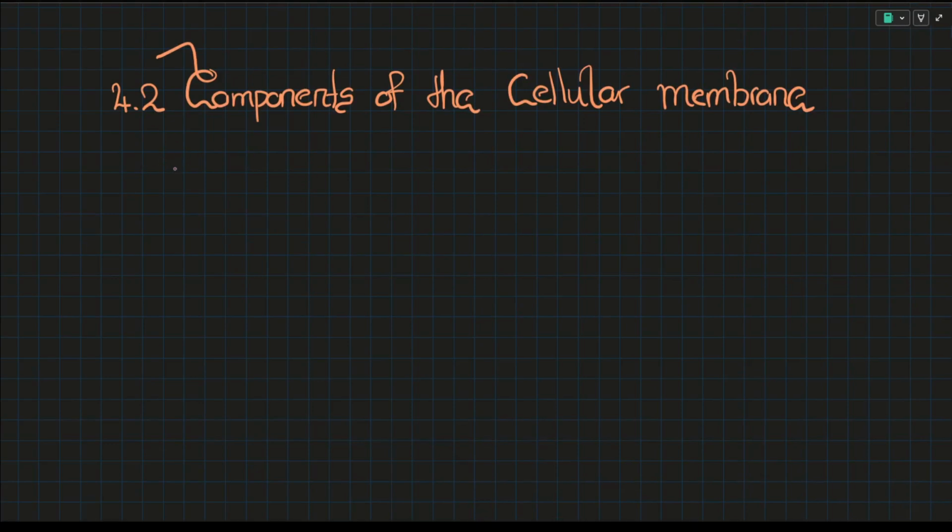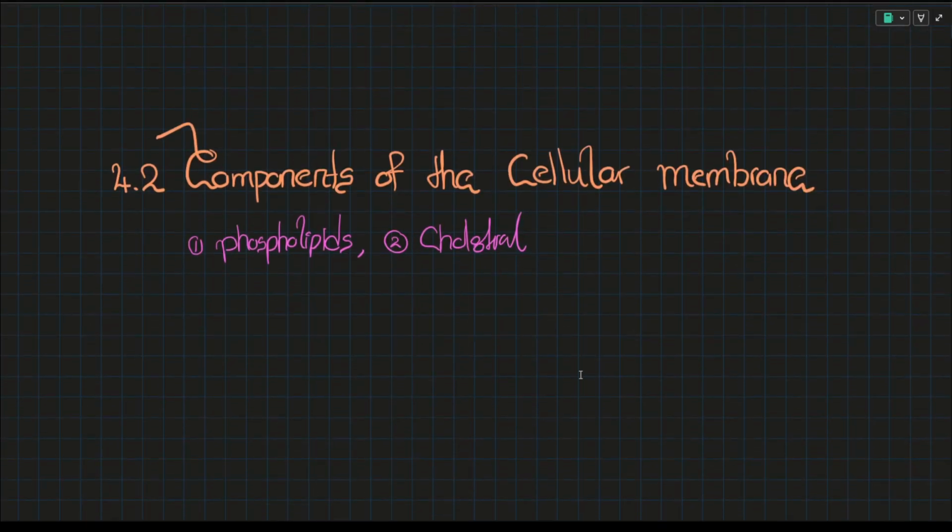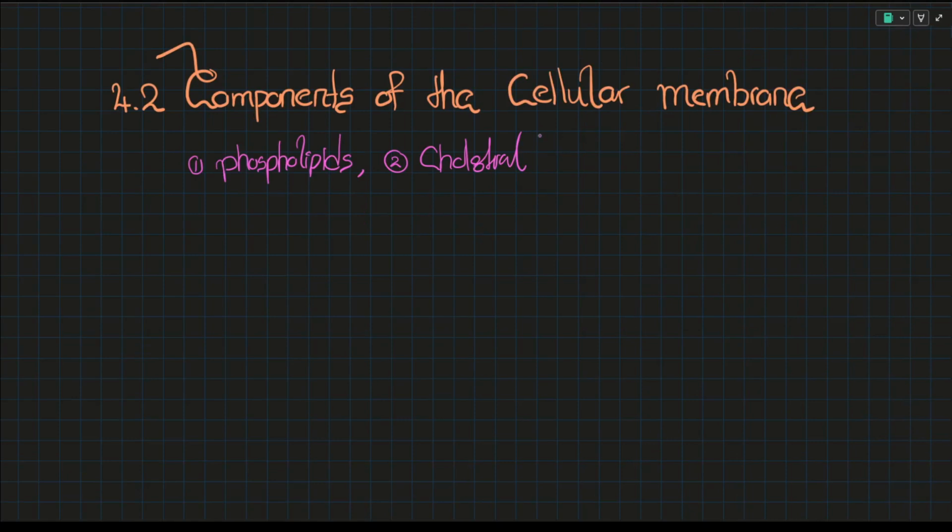Before we actually begin, I'll give you a small list of the things that we will be discussing. First of all, we have to talk about what the phospholipids do. Then we'll be taking a look at cholesterol. It's very important. I know cholesterol is a very small molecule, if observed here, but it plays a very important role.